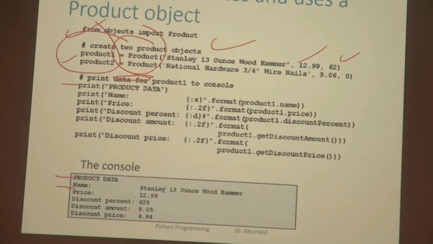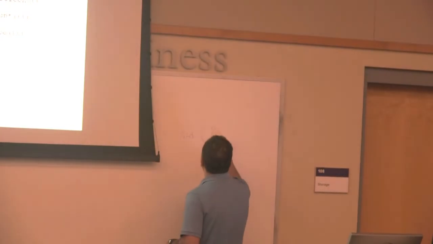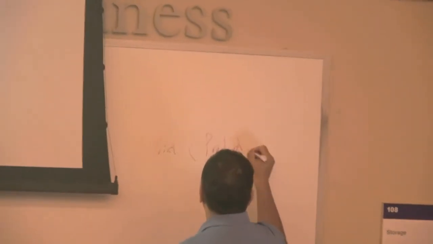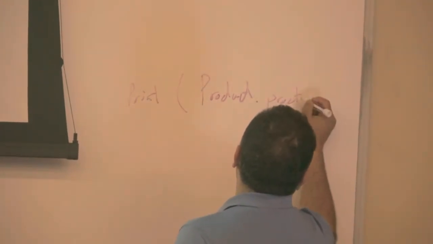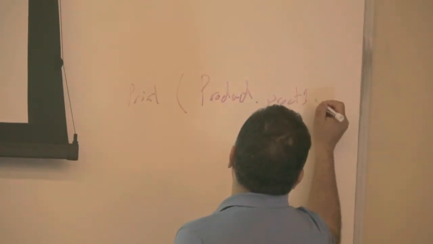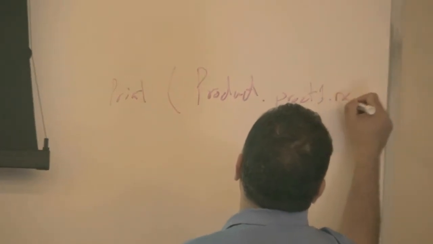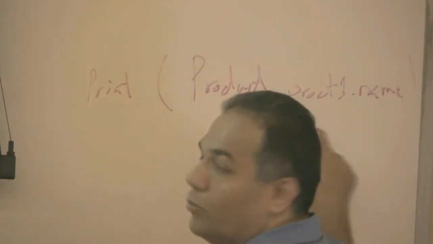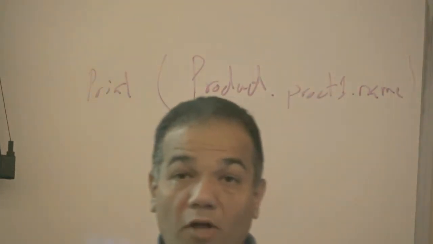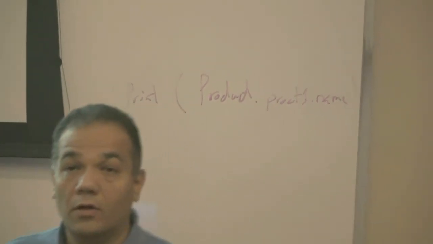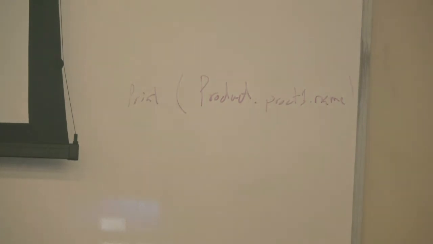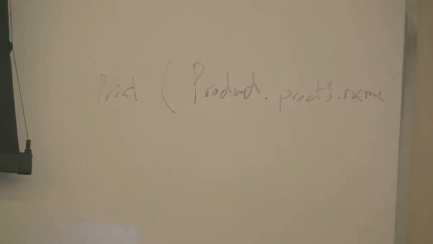Or if I type, for example, let me say print product1.name, what will it print? It will print a product name. So is that a method that is inherent to whenever you create a class, or is that just calling the variable?